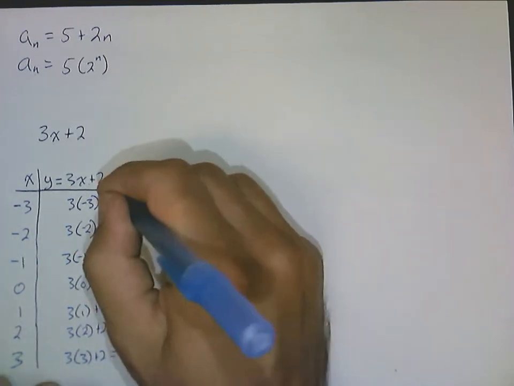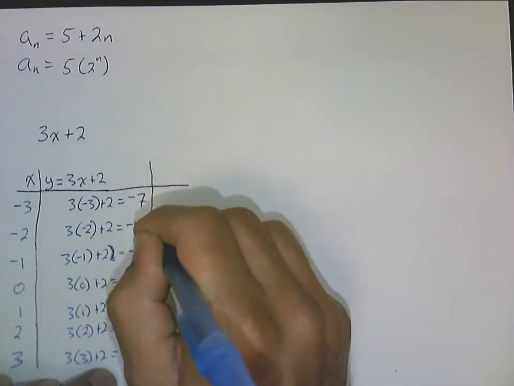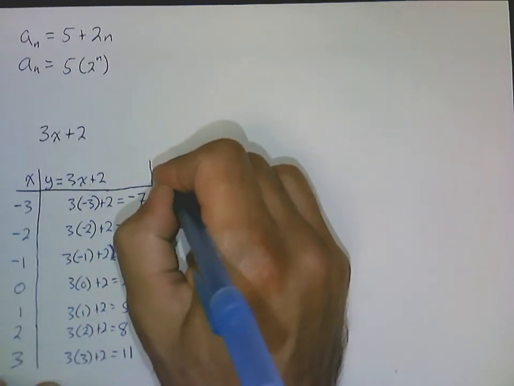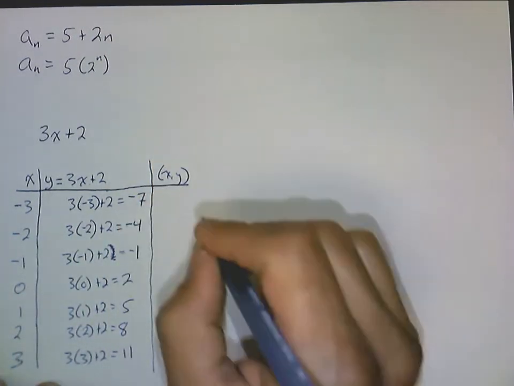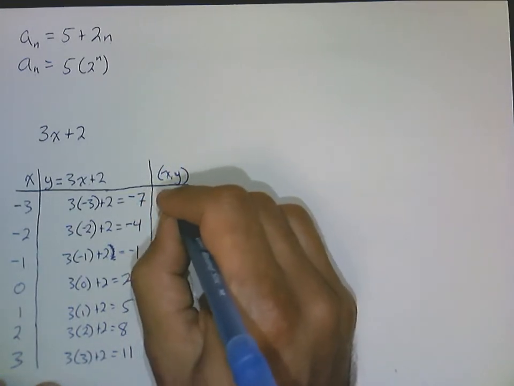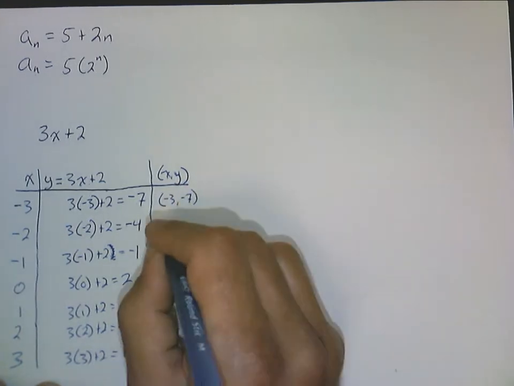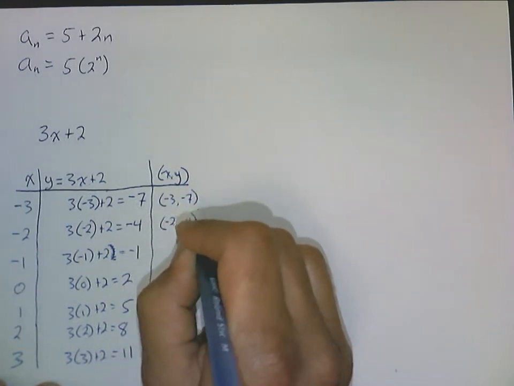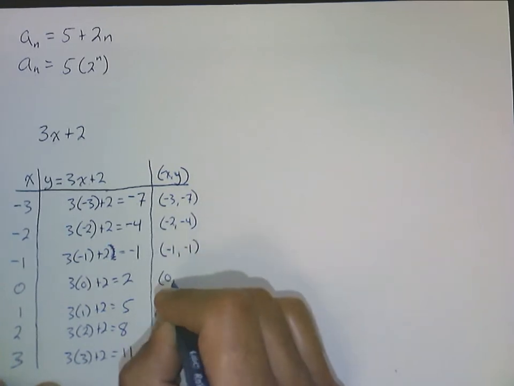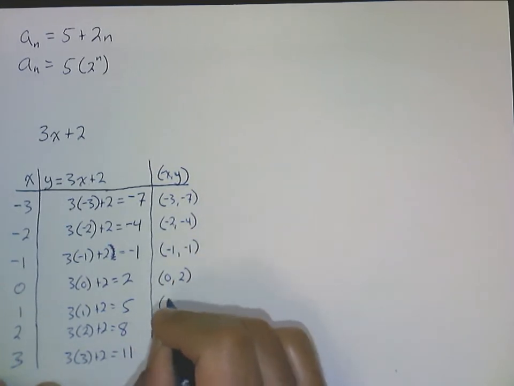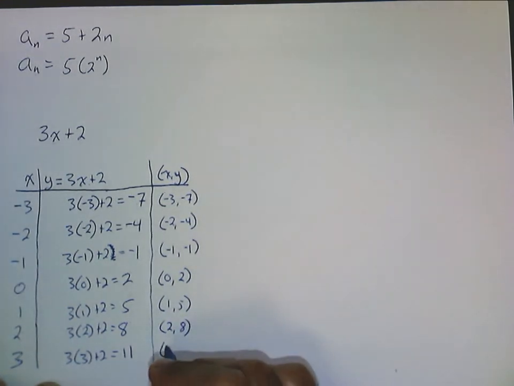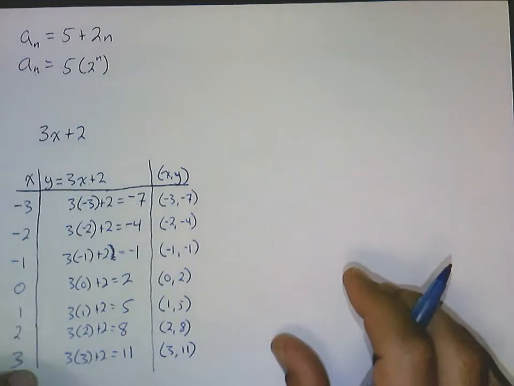So what we can really do here too is, if we wanted to, we could turn these pairs into ordered pairs x, y. And so we end up with the point -3, -7, the point -2, -4, -1, -1, 0, 2, 1, 5, 2, 8, and finally 3, 11.